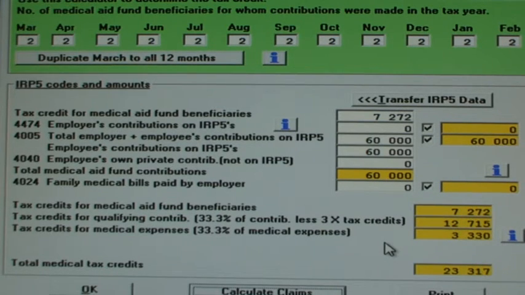A straight 33.3% of the 10,000 Rand code 4020 out-of-pocket medical expenses is granted as another tax credit. Total tax credits are 7,272 Rand plus 12,715 Rand plus 3,330 Rand, which equals 23,317 Rand.